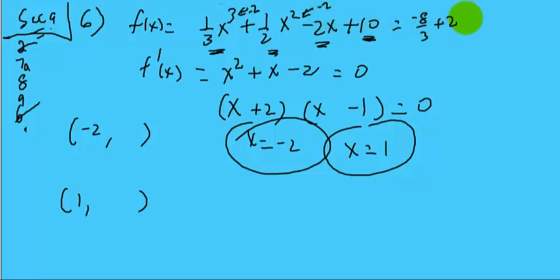And -2 here makes that into a positive 4 plus 10. Alright, so you got 2 plus 4 plus 10, that's a total of 16. You have -8 over 3 plus 16 over 1. Common denominator is 3, so this turns into 48 minus 8, which is 40 over 3.